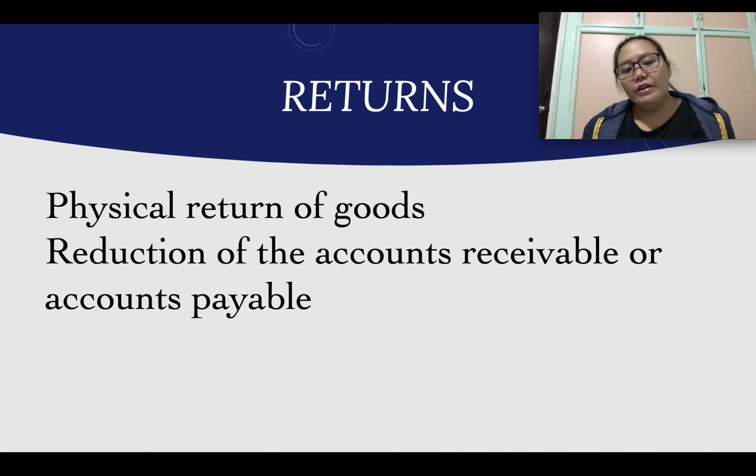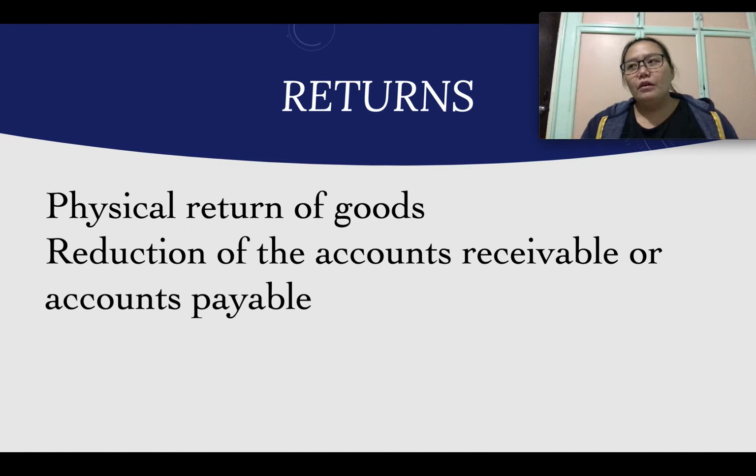So the main difference between the two is that a return involves a physical return of goods, of course. Actually, both returns and allowances result in a reduction of the accounts receivable or accounts payable.